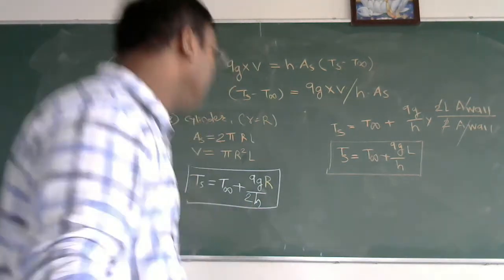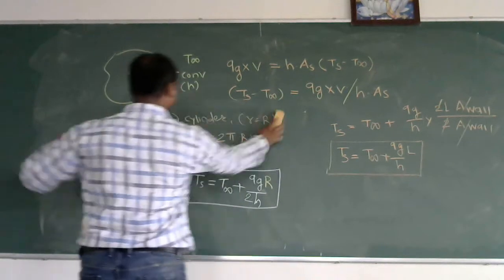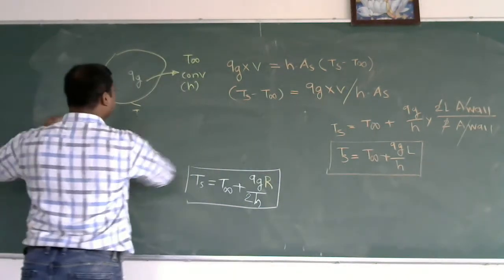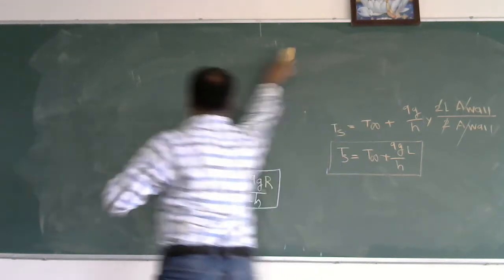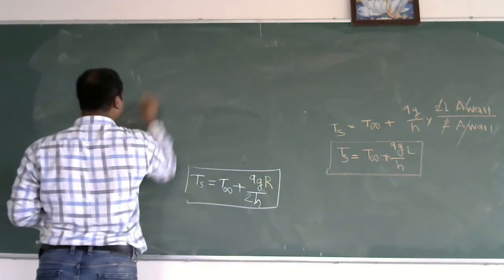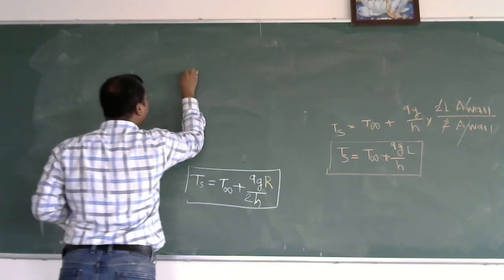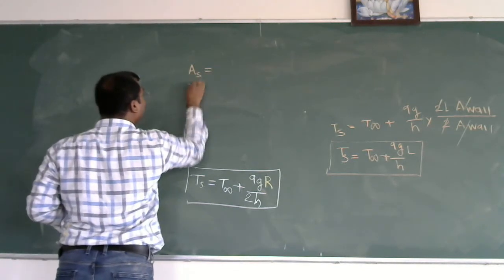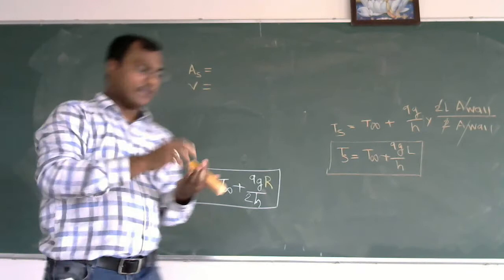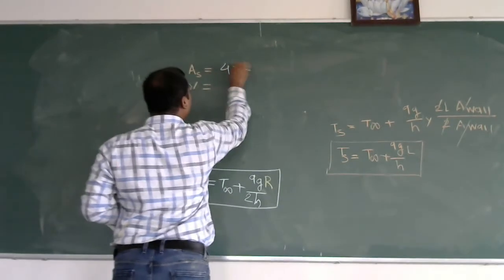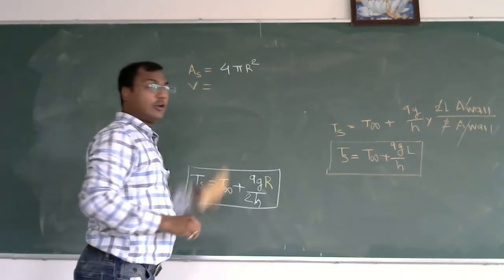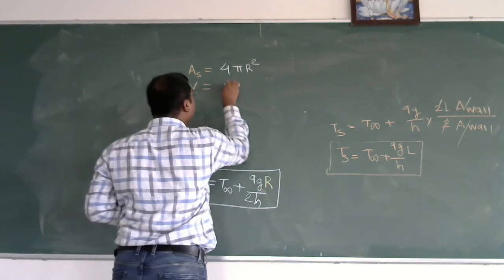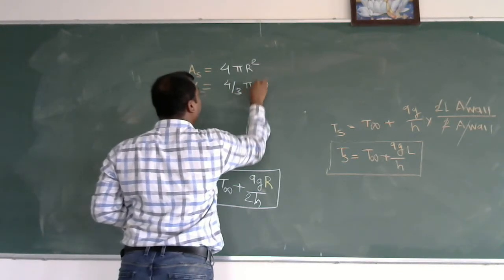Now let us solve this again for the next case. Say there is one sphere. For this sphere, the surface area As is 4 pi r square, and the volume of the sphere is 4 by 3 pi r cube.